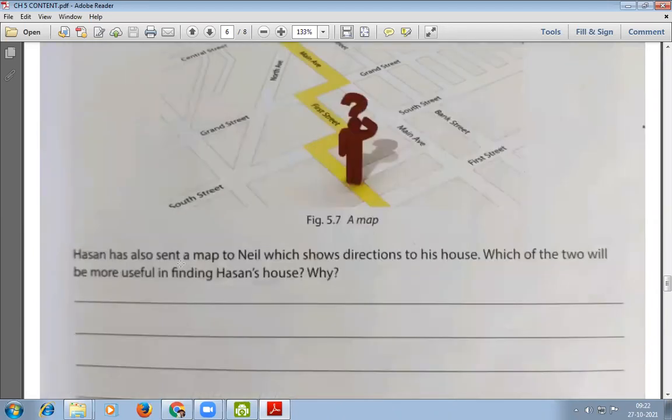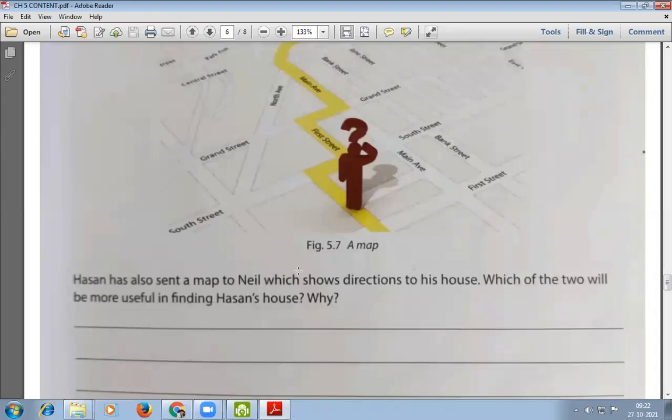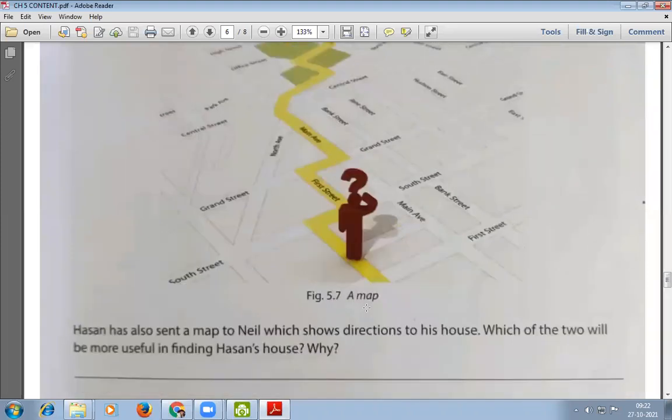Hassan has also sent a map to Neil which shows the directions to his house. Which of the two will be more useful to find Hassan's house and why? There are two things given to Neil by Hassan. First one is the instruction.